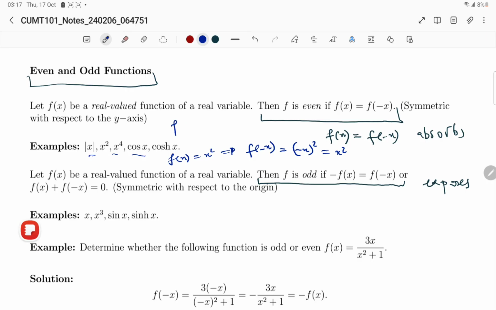We actually talked about modulus of x in the previous chapter. If f of x is modulus of x, f of minus x is equal to modulus of minus x, which is equal to modulus of x.